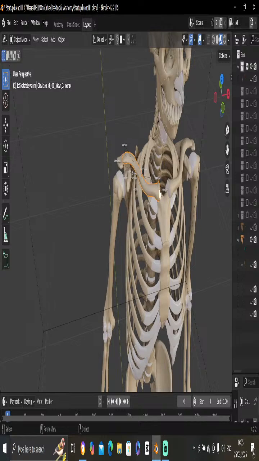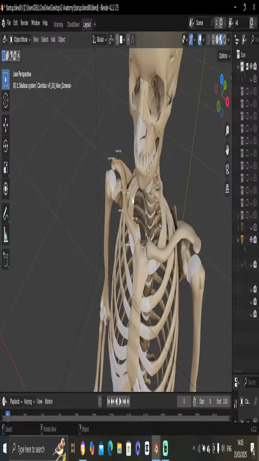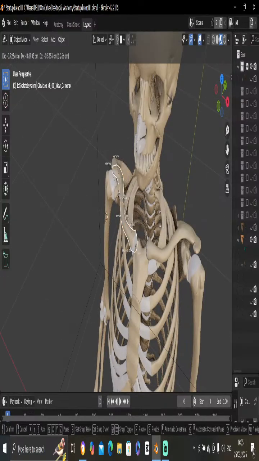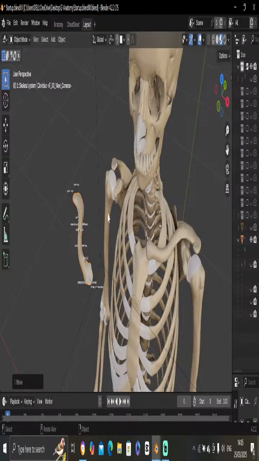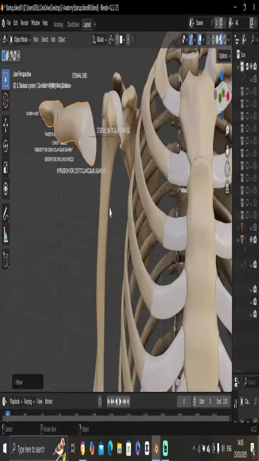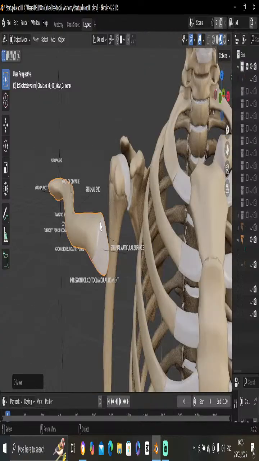The medial 1/3 and the middle 1/3 are roughly spherical in cross section. So if we bring out the clavicle from here, let me move it away from its natural position. If we zoom in on that, we can see it's roughly spherical.